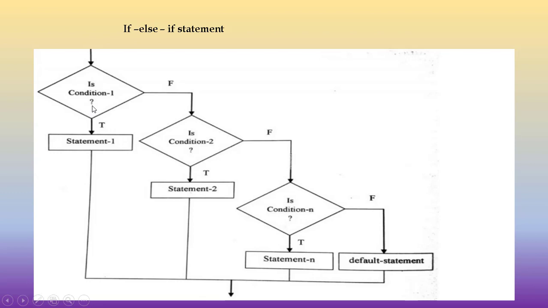So if condition 1 is true, statement 1 is executed. If it is false, it will go to condition 2. If condition 2 is true, statement 2. If condition 2 is false, then it goes to condition n. If condition n is true, statement n. If it is false, default statement.